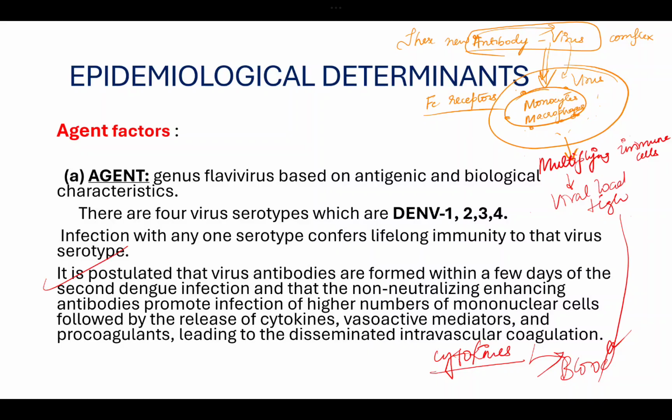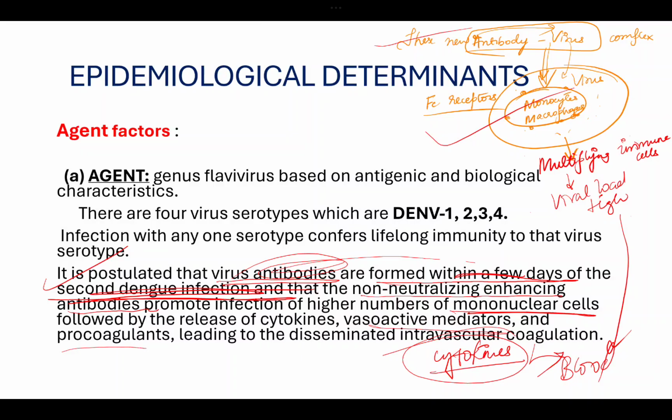It is postulated that the virus antibodies are formed within a few days of the second dengue infection. We saw that the second dengue infection has occurred and the antibodies have formed against it, and the non-neutralizing enhancing antibodies are now promoting a higher number of mononuclear cells, followed by the release of cytokines, vasoactive mediators and procoagulants, and this is leading to disseminated intravascular coagulation.